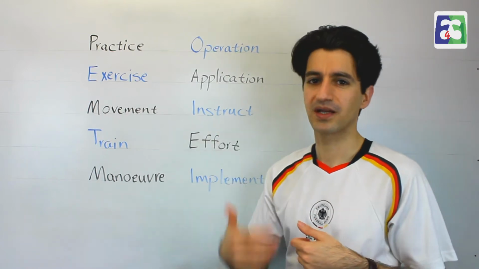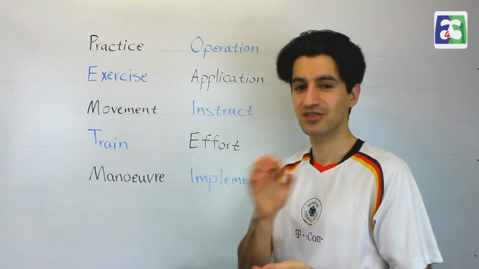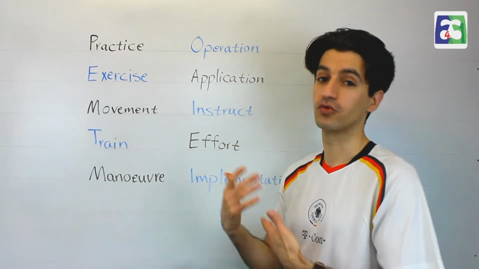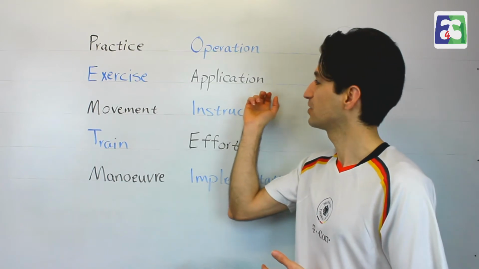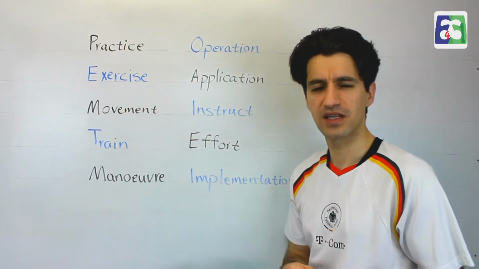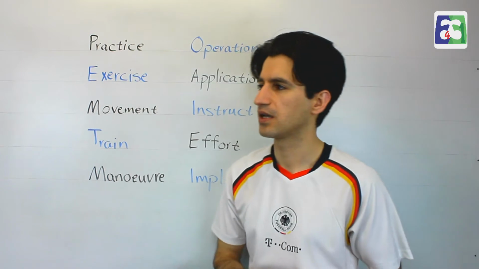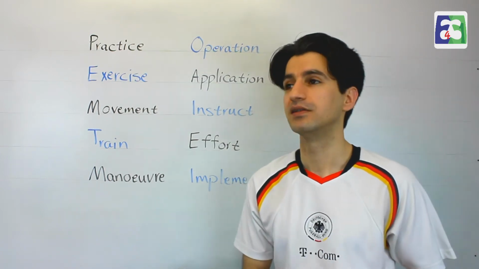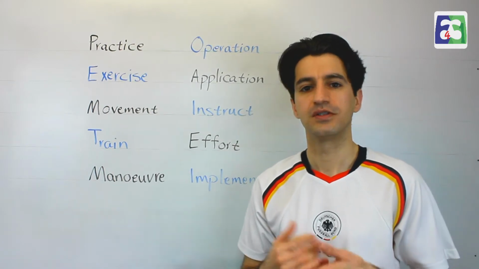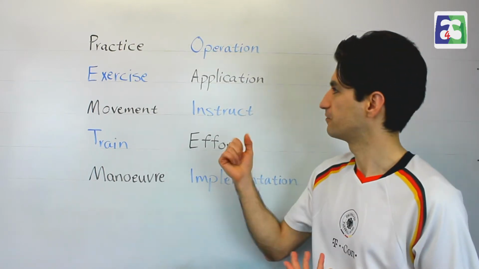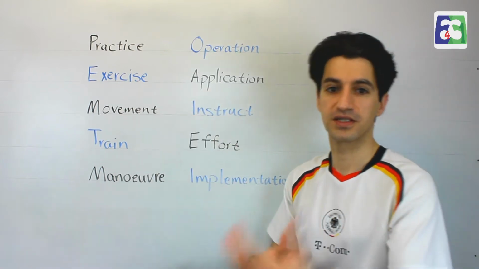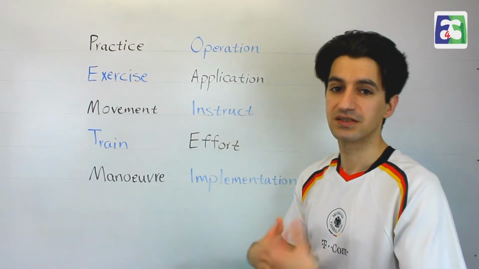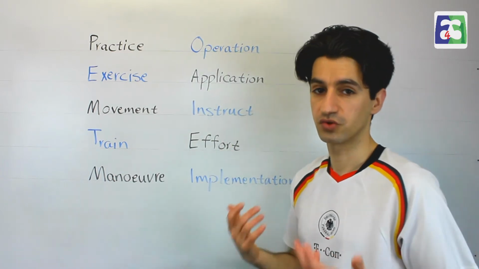Or when you go to a bank or post office, you get application forms you have to fill in or fill out, and then you can apply through those forms. So application can be used in this area, and also when we say there is a rule, there is a law, and this is going to be in effect or applied after this date. When we say this is applied now, then it means it is in effect and you should follow that now.